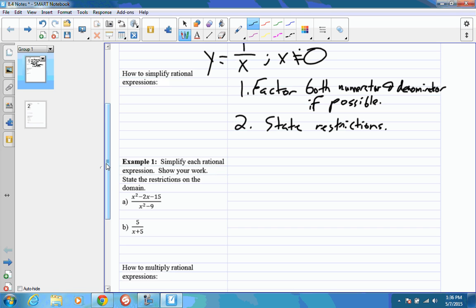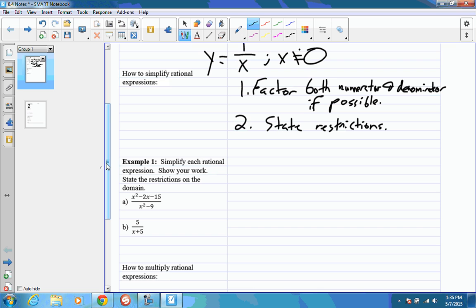X put on the bottom, the denominator specifically, because for vertical asymptotes, I don't want 0 in the denominator. So when I'm stating restrictions, I'm doing the same thing. I'll take the denominator, see what I can't have, because if I have a certain value, I'll get 0. So that's all my restrictions are. Factoring is the easiest way to do that. We'll do example problems, you'll see.